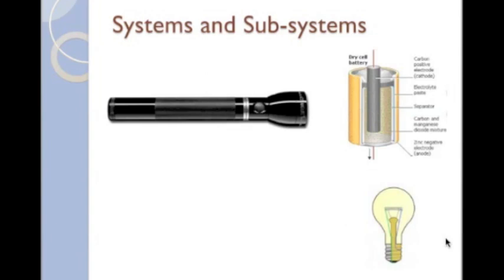We call those additional functions subfunctions. For instance, the battery stores chemicals that are used to pump energy through wires in the flashlight. The battery is a subsystem of the flashlight system and accomplishes a subfunction for the flashlight to work. In this case, the subfunction is to pump energy through the closed circuit.